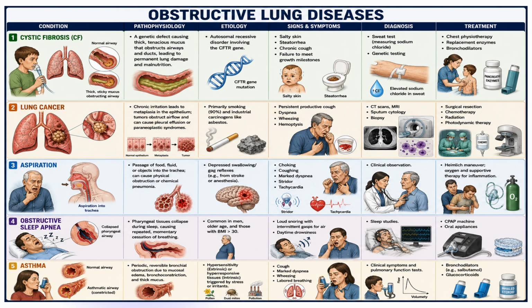The causes are primarily smoking, 90% of the time, and industrial carcinogens like asbestos. Signs and symptoms include persistent productive cough, dyspnea, wheezing, and hemoptysis. It's diagnosed using CT scans, MRIs, sputum cytology, and biopsies. Treatment will include surgical resection of the tumor, chemotherapy, radiation, and photodynamic therapy.